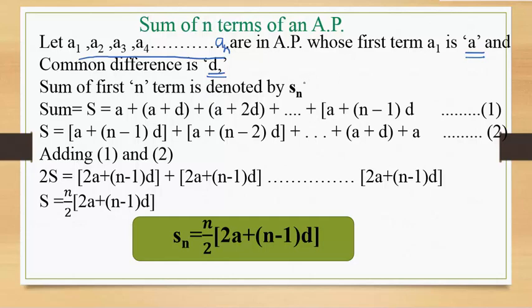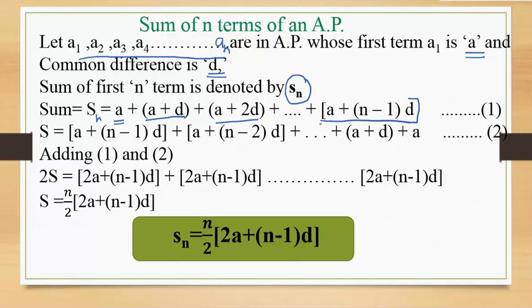If the sum of n terms is denoted by Sn, then Sn will be my first term plus my second term plus third term and so on plus nth term. This will be the sum of n terms of an AP.